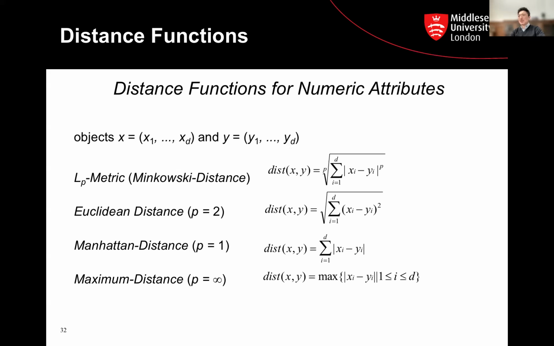Okay, so the last one still meets these requirements, but it doesn't really apply to, for example, calculating travel distance in the real world. It's still a distance metric, and in some calculations it will still be useful. But essentially that just means when the p-value here becomes infinitely big.